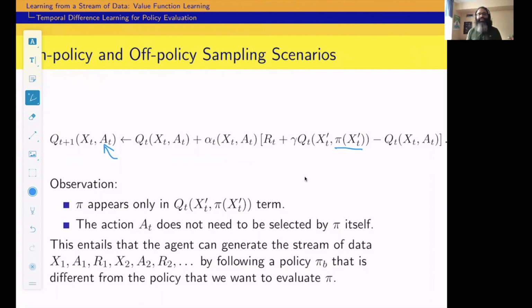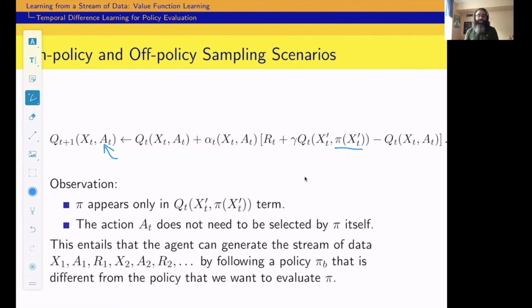This makes sense if we go back to the definition of the action value function, because the action value function says that at the first time step, I choose action a, and then from the second time step onward, I follow policy pi. So the first action is not selected by policy pi. So in order to have such an estimate, I don't need to choose a_t according to policy pi.